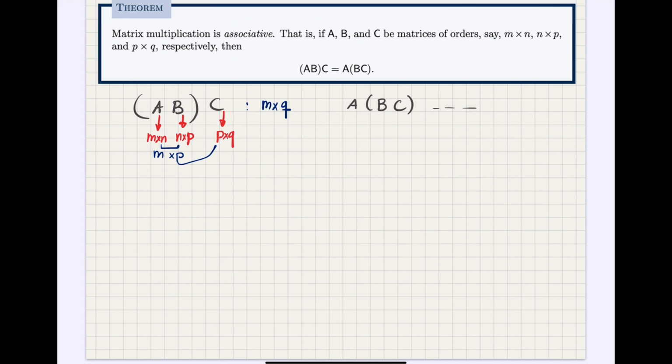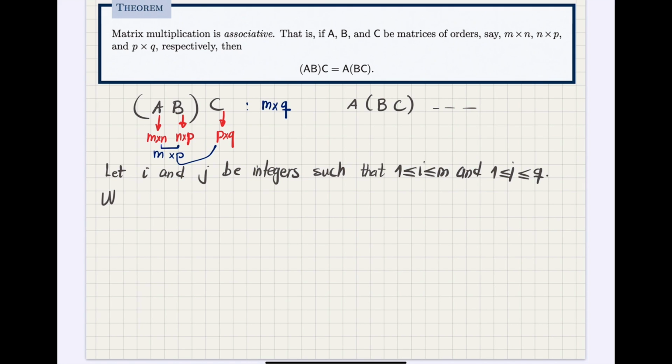But now I need to look here. What is the final answer? The final answer is M by Q. So I would say that let I and J be integers such that I is between 1 and M and J is between 1 and Q. We show that, let me save space as much as I can, we show that A times B first and then times C, ijth entry, is equal to A times BC first, ijth entry.